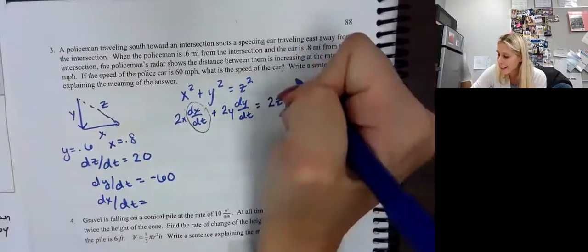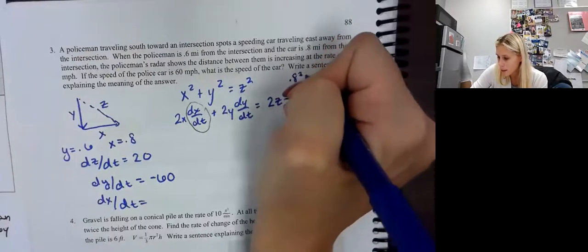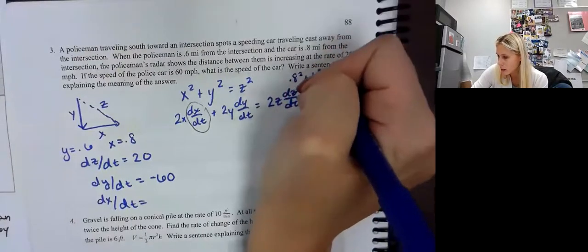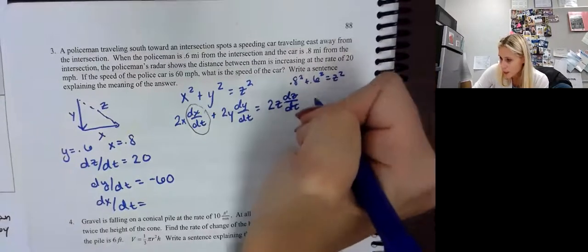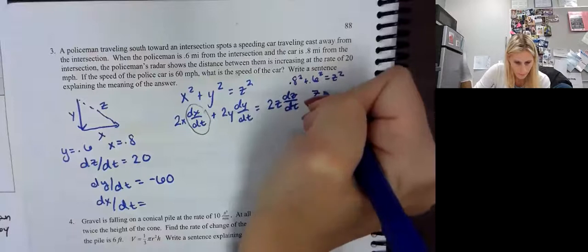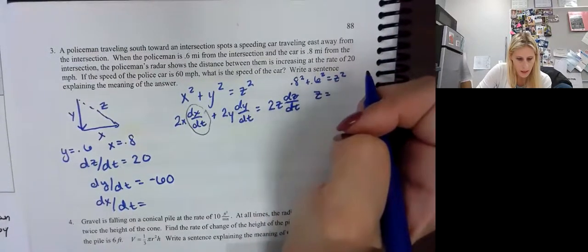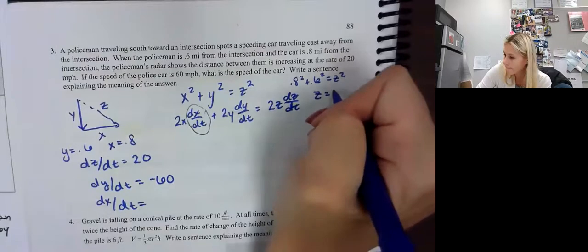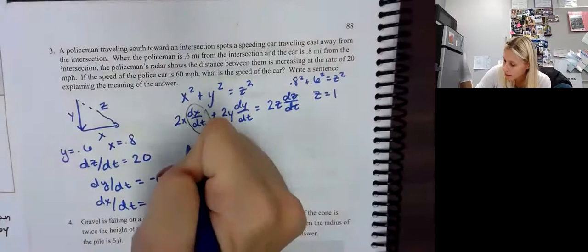So on the side, I could say 0.8 squared plus 0.6 squared equals z squared. So z ends up being 1. Okay, now I can fill everything in.